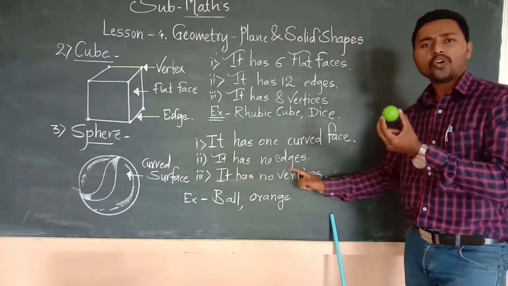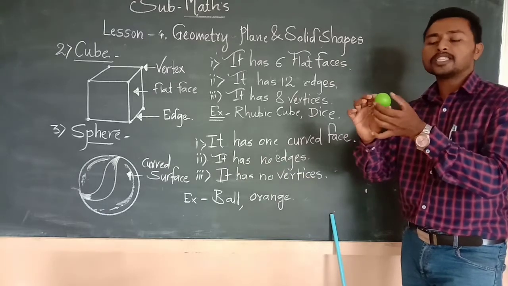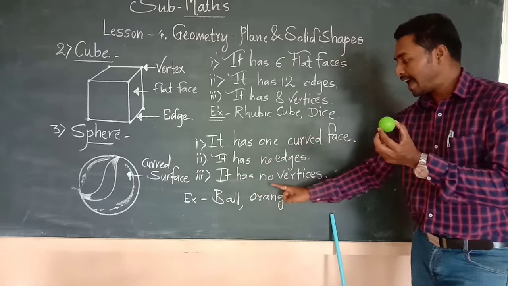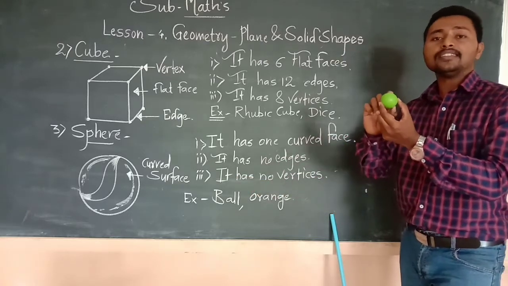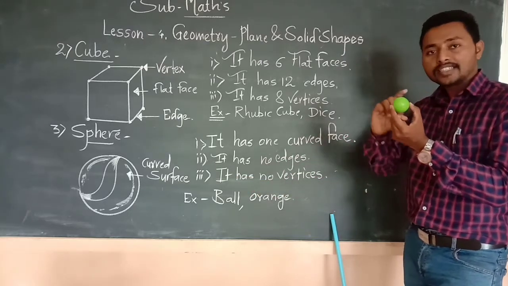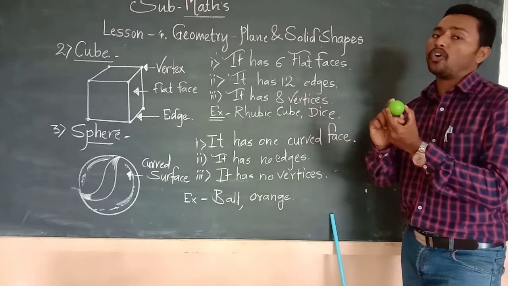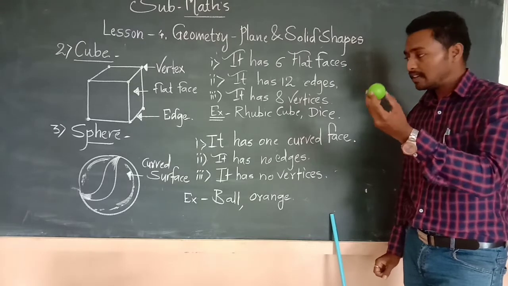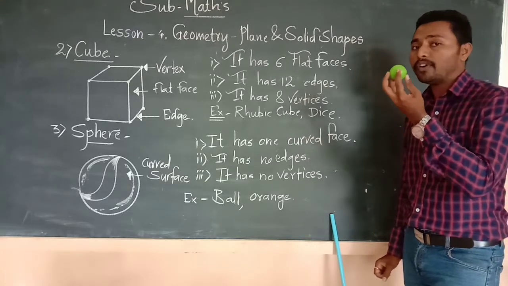Second, it has no edges. There is no specific edge on this sphere. Third, it has no vertices. That means those kinds of edges that meet at one point are called vertices, but here there is an absence of vertices.